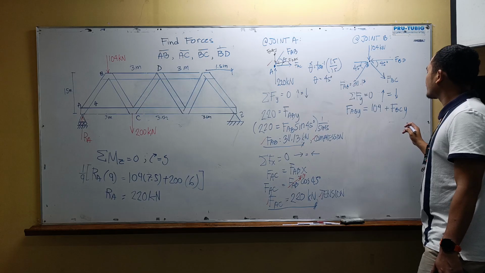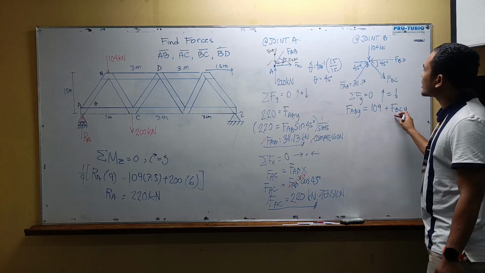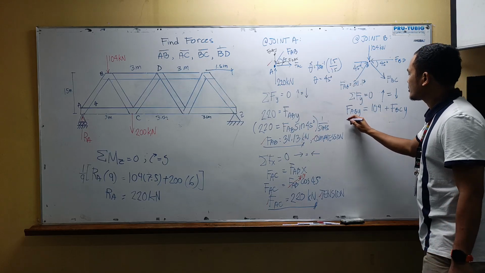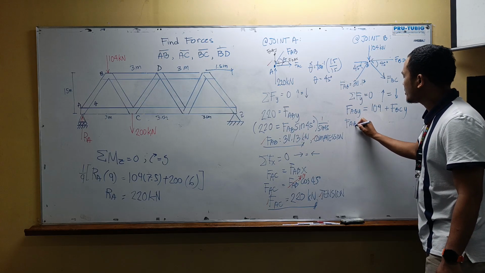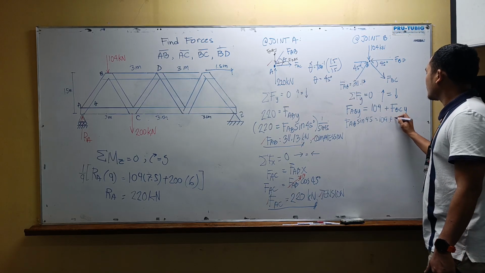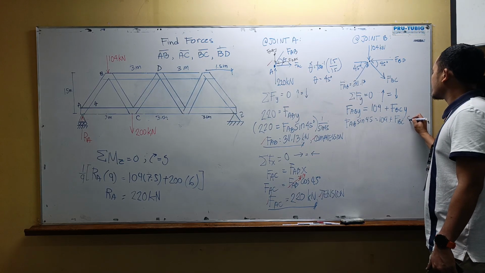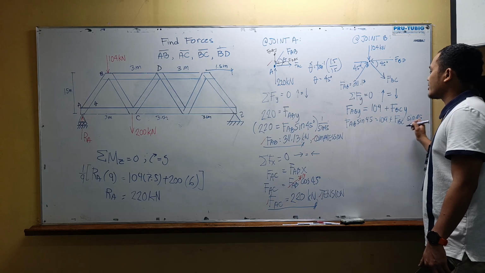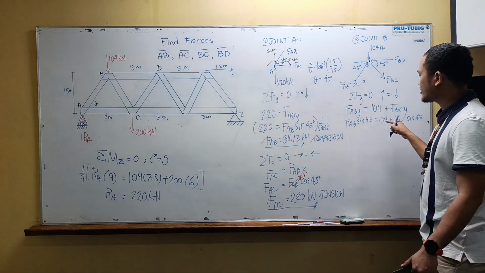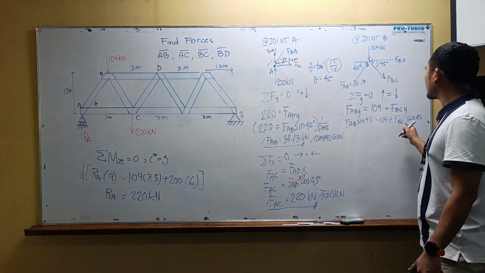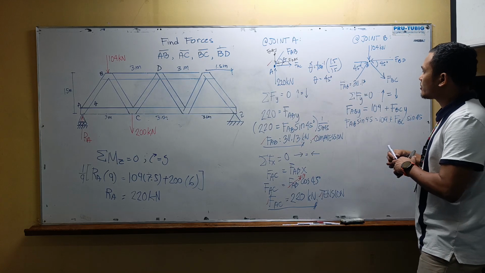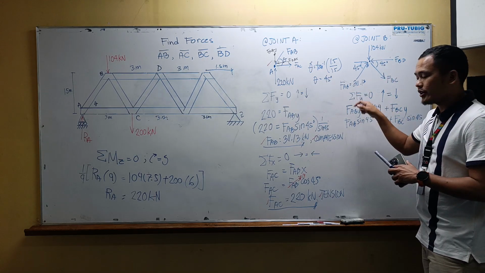So now we gotta express these in terms of FAB by using sine. So that becomes FAB sine 45 equal to 104 plus FBC sine 45. Okay, so just leave this as it is because, oh wait, we could solve actually FBC because FAB we already know the value, which is 311.